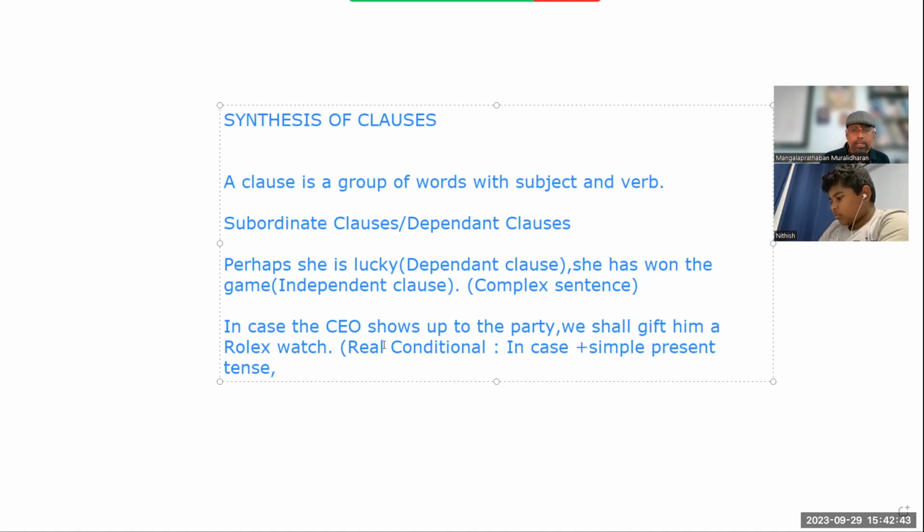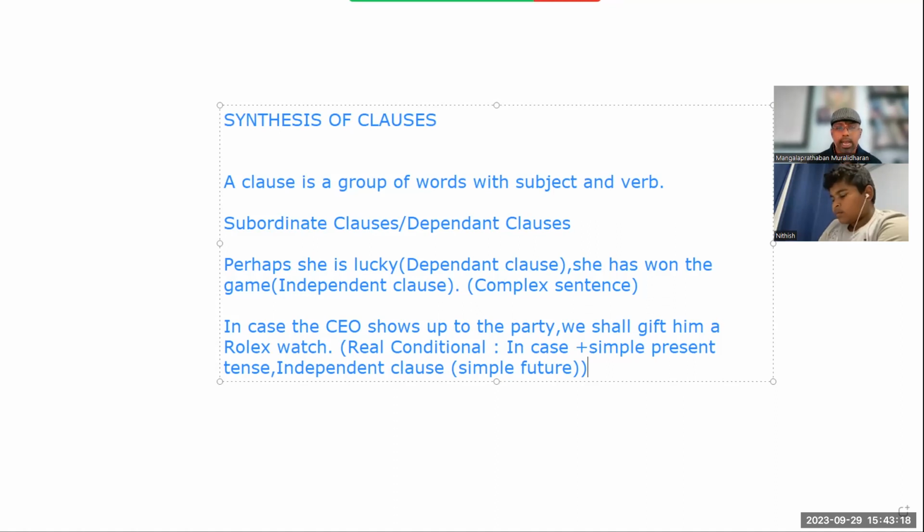Comma, and then you have an independent clause. This independent clause is in what? The independent clause is in simple future. Right? So you understand? In case the CEO shows up at the party, we shall give him a Rolex watch.